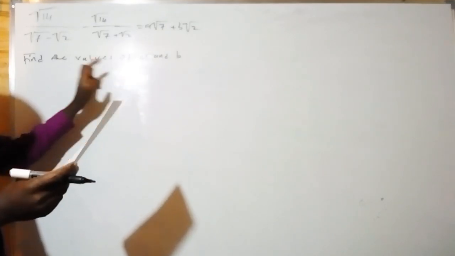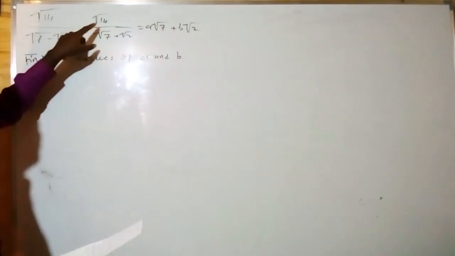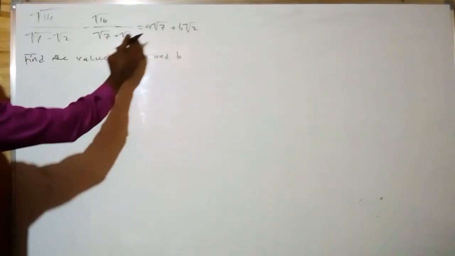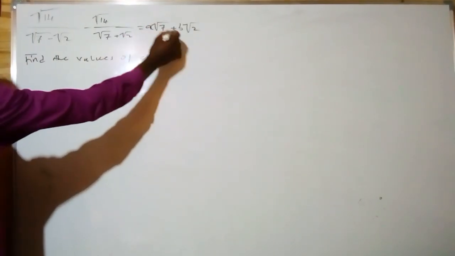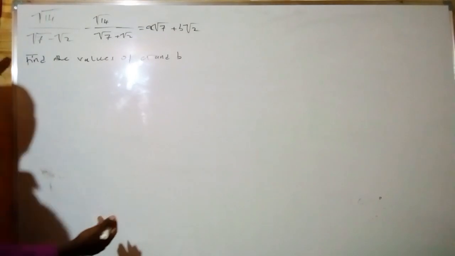Root 14 all over root 7 minus root 2 minus root 14 all over root 7 plus root 2 is equal to A root 7 plus B root 2. What you are going to do is get the LCM of this part.